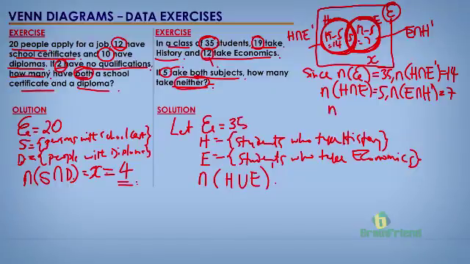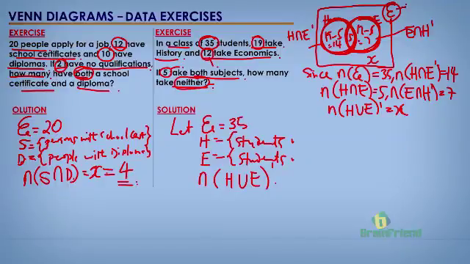The last region that we have is the cardinality of H union E prime. And that is the region that is under the universal set, but not within the borders of both our history or economics class. These are the categories of students that take neither of the courses.